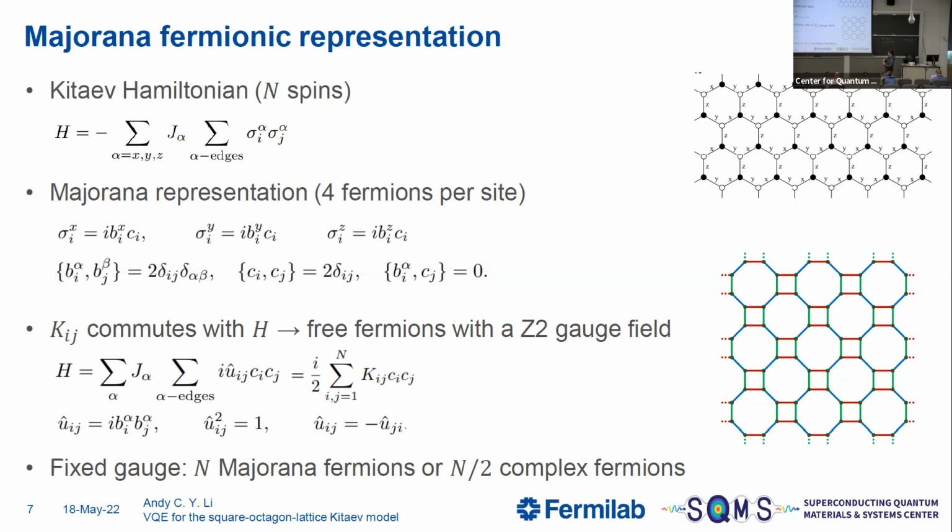The value of k here corresponds to a fixed gauge, so that you can reduce the whole model by representing it in a particular fixed gauge sector using just n over 2 complex fermions. That's the idea of how to exactly solve this model.